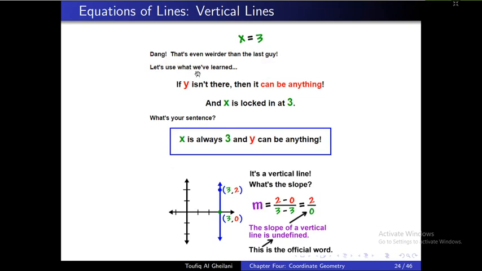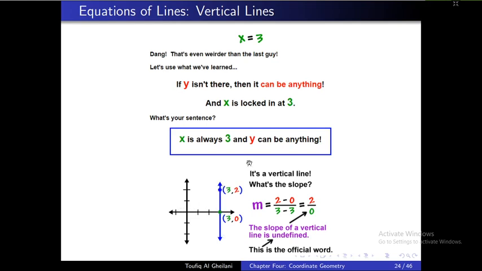Let us learn more. If y isn't there, then y can be anything, and x is locked to 3. So x is always 3. Look here, and y can be anything.